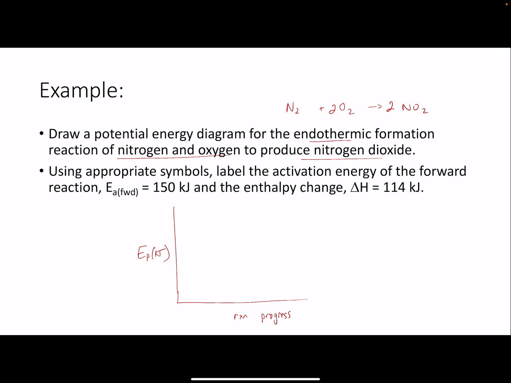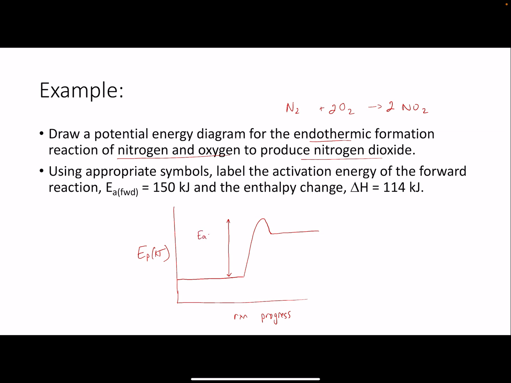Right, we're told it's an endothermic reaction, which means the reactants are lower than the products. So there's an activation energy of 150 kilojoules, which means there's going to be a little peak. Right, again, that peak comes higher, right, and we can just label it as is.